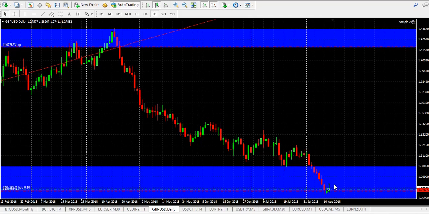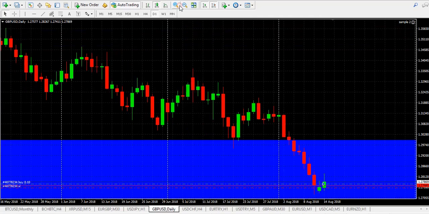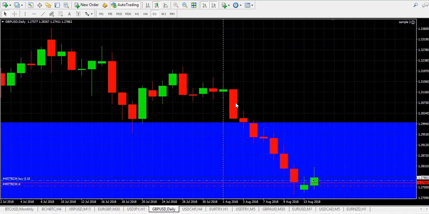So I'm looking for a buy setup. On the daily, we have a bearish run followed by a swing low, a gap, and a strong bullish push.